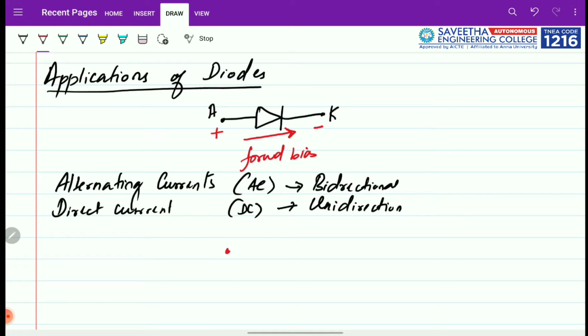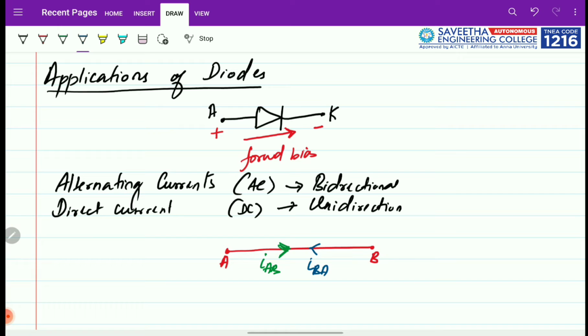Take a conductor whose terminals are A and B. When this conductor is connected to an AC circuit, that is an alternating current circuit, the current would travel from A to B for a certain period, which is IAB, and for another period the current will travel from B to A like this.